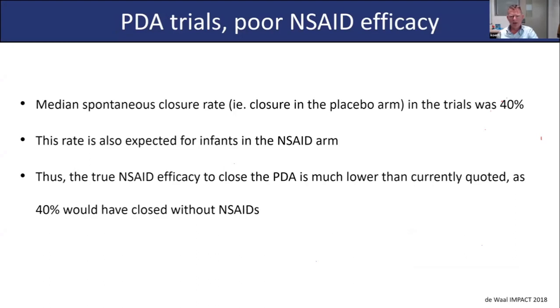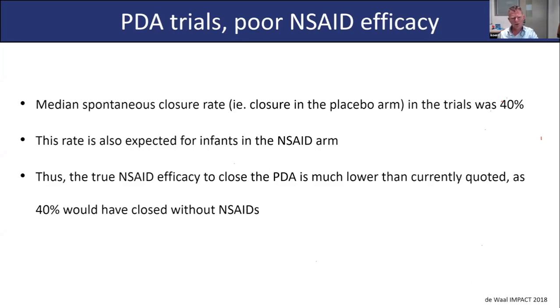Now, if you look at that a bit more in depth, it also says something about NSAID efficacy. So the median spontaneous closure rate, so the closure rate in the placebo-controlled arms in the trials, was 40%. So this 40% rate is also expected for infants in the NSAID arm.